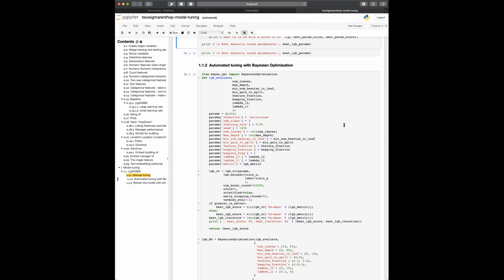That's a very good question. My gut tells me that number of rounds is pretty similar to the number of leaves we talked about. It controls the complexity of the model. In short, number of rounds also has some effect on the model's complexity.